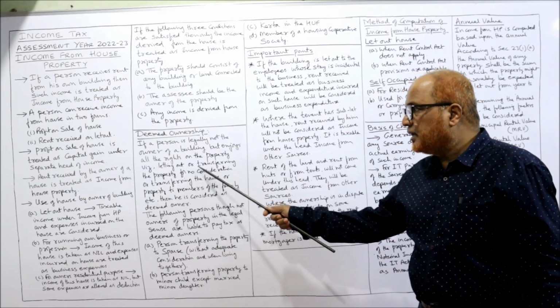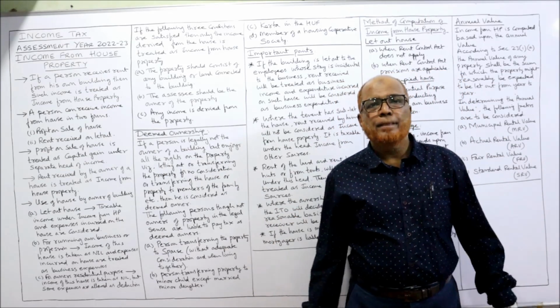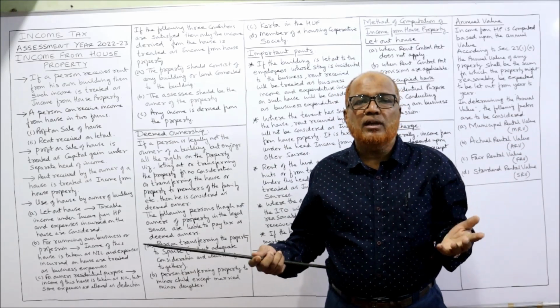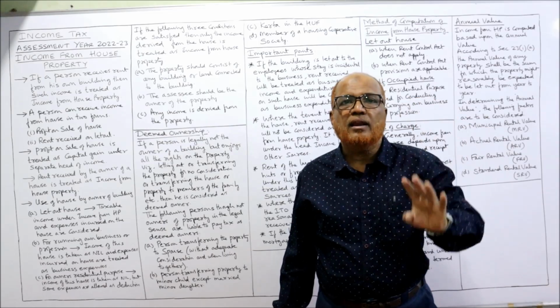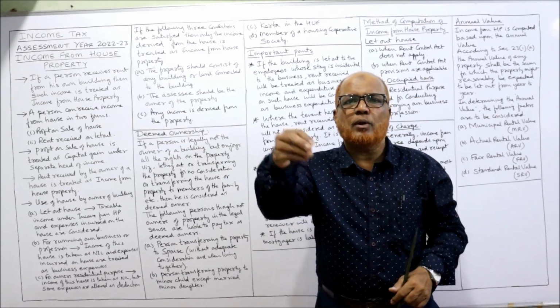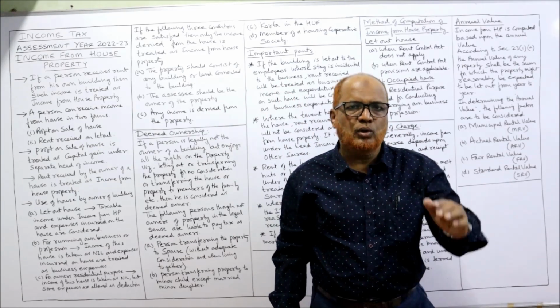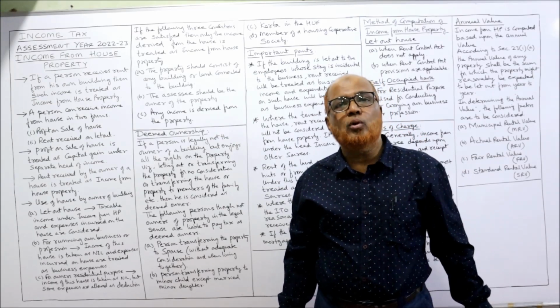Now, namely, letting out or transferring the property for no consideration at all. Sometimes a property is transferred without any consideration. A property is let out without any rent. Sometimes it may happen without any rent, rent free. I have given the property to one of the persons. Then what will happen? Income Tax Act will treat you as a deemed owner.